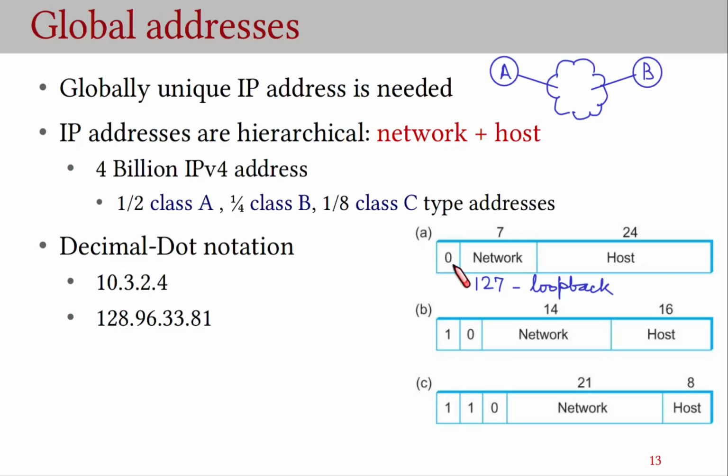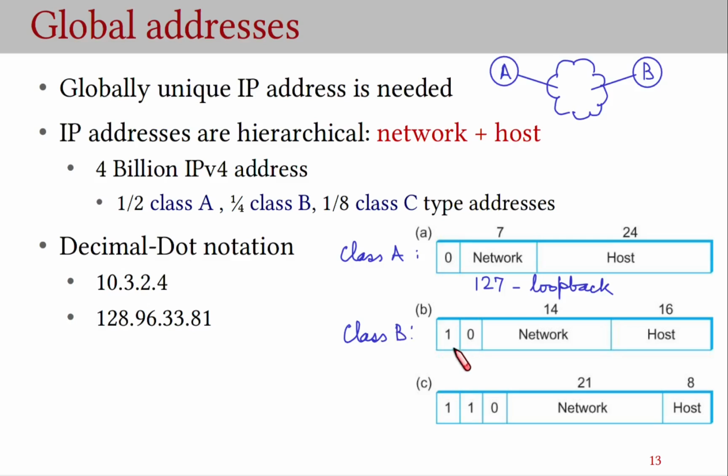Among class A addresses, 0 is not used and 127 is reserved for loopback. So out of 128 possibilities, 126 class A addresses are possible. Now comes class B address.